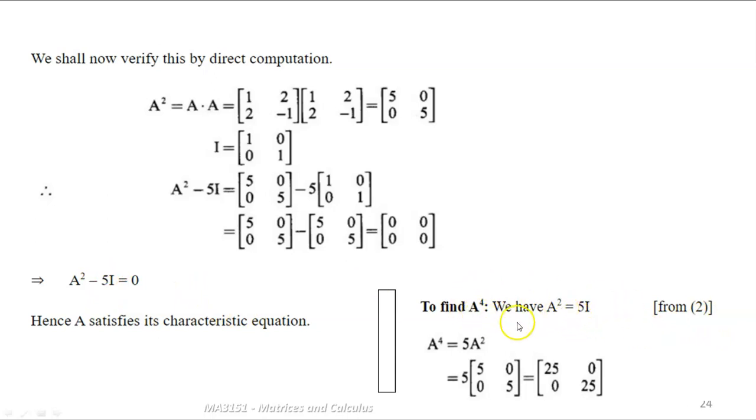We need A power 4, so multiply both sides with A square. Then LHS becomes A power 4 and RHS becomes 5A square. We already have the value for A square. Substitute here. We get 5 into 5, 0, 0, 5. After multiplication, we get 25, 0, 0, 25. This is the value of A power 4.